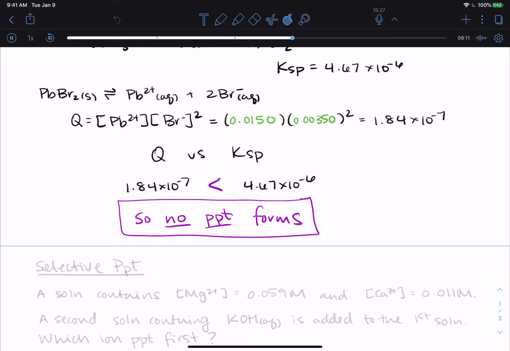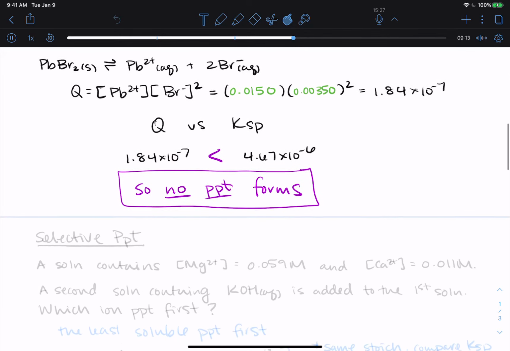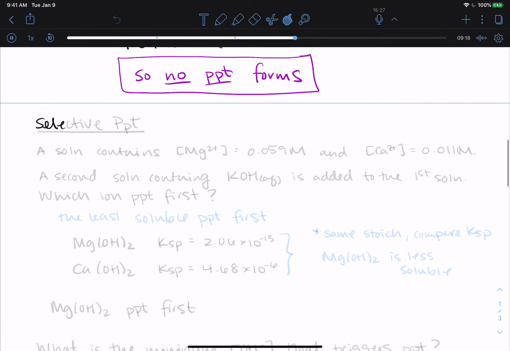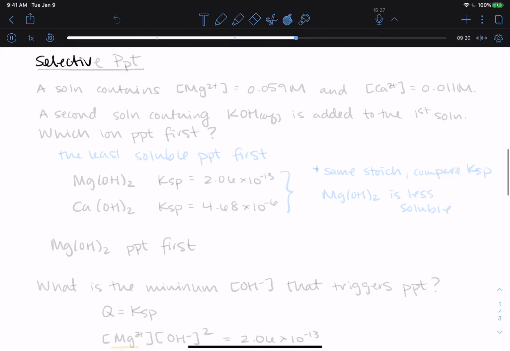One of the ways that we might want to use precipitation is to do so selectively. So let's talk about selective precipitation. What this means is I have a solution with 2 ions in it, and I want to precipitate one of them, but not the other.